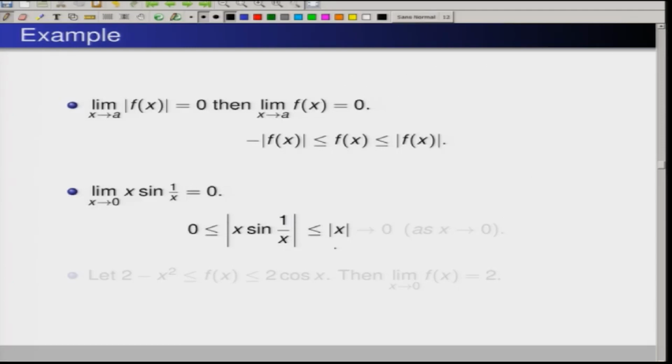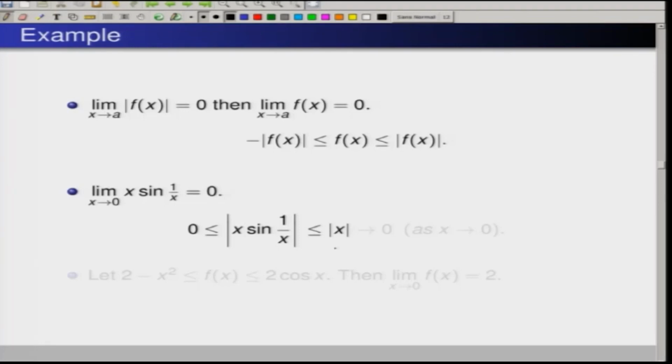When we are talking about x tending to 0, we do not have to worry about x equal to 0. sin(1/x) is well defined for x not equal to 0, and for the limit we do not need to consider the value of the function at that point. So it is less than or equal to |x|, and you can see that this goes to 0 and the lower bound is greater than or equal to 0.